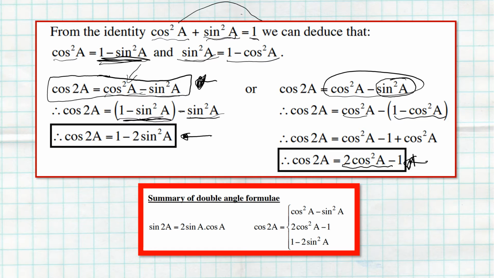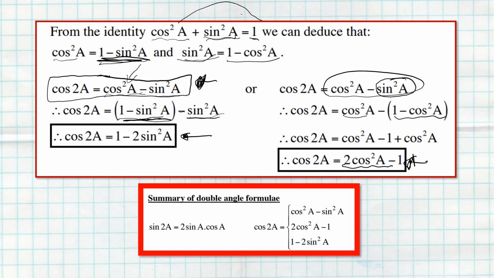So you can change the double angle for cos into 2 cos squared a minus 1. And in some questions you'll need to change it into this, because you'll find that you need to express them in terms of cos, so that you may cancel out some of the things and simplify like that.